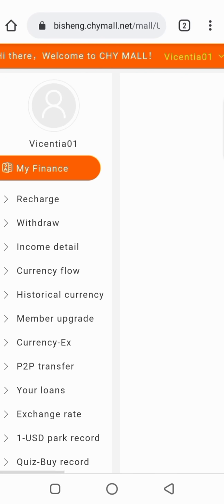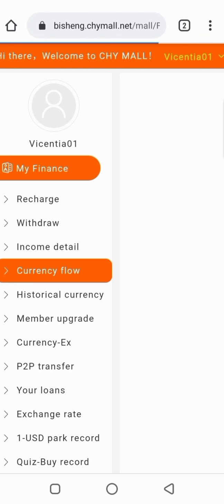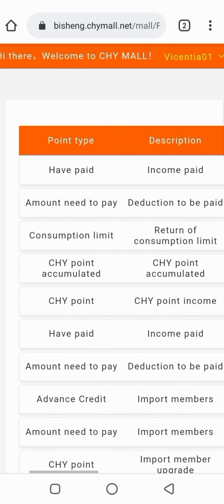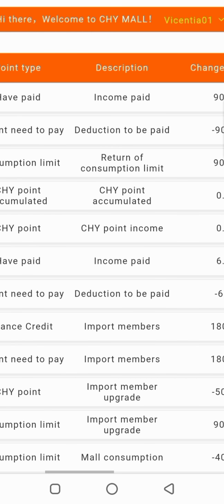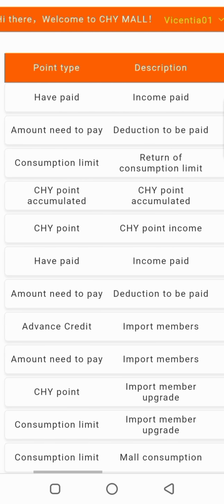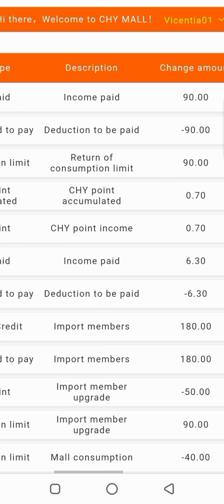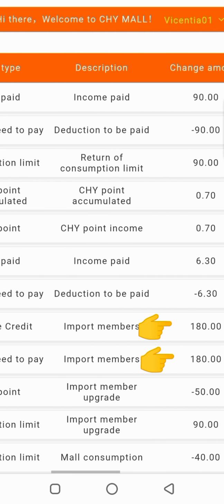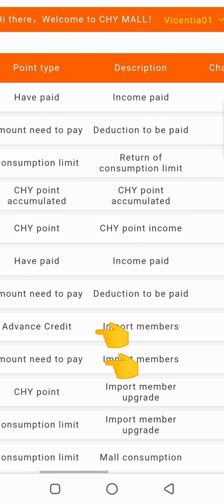Okay, now let us move back to our currency flow. So you can see it here. The amount needed to pay is 180, and it's the same as this advanced credit.